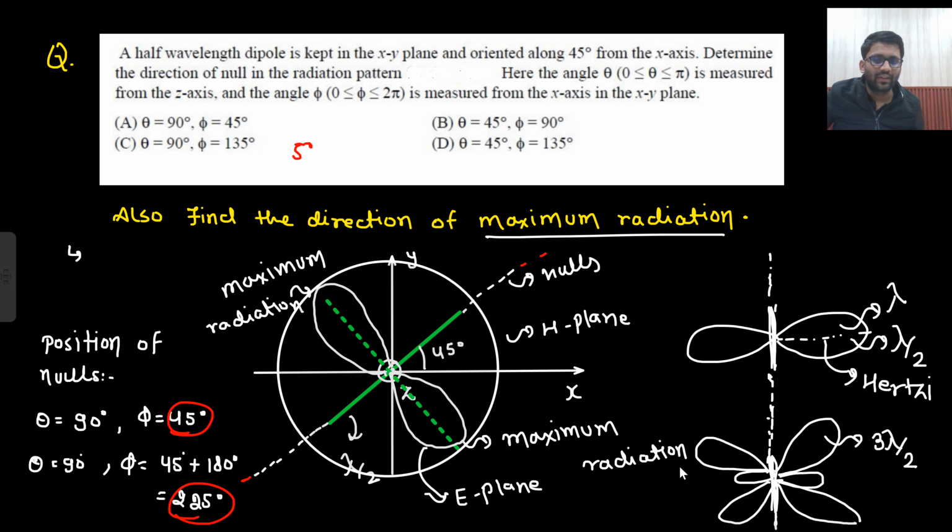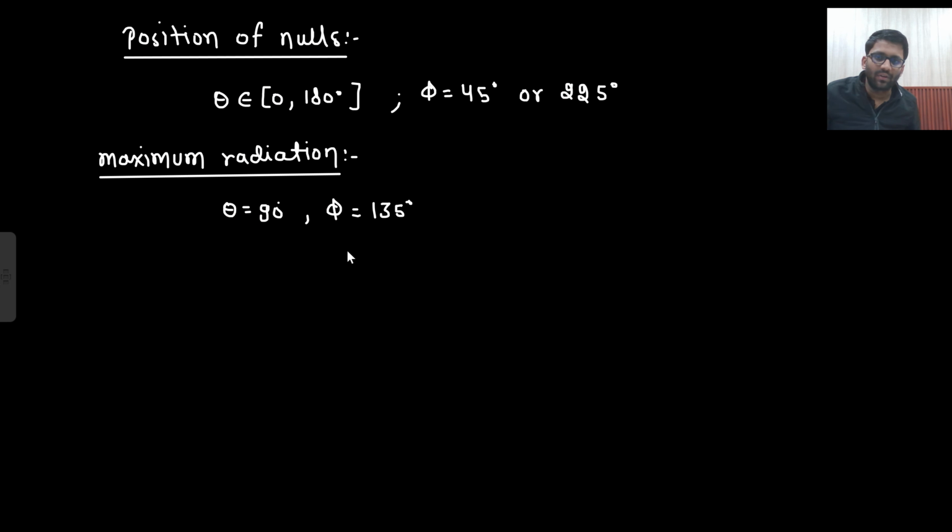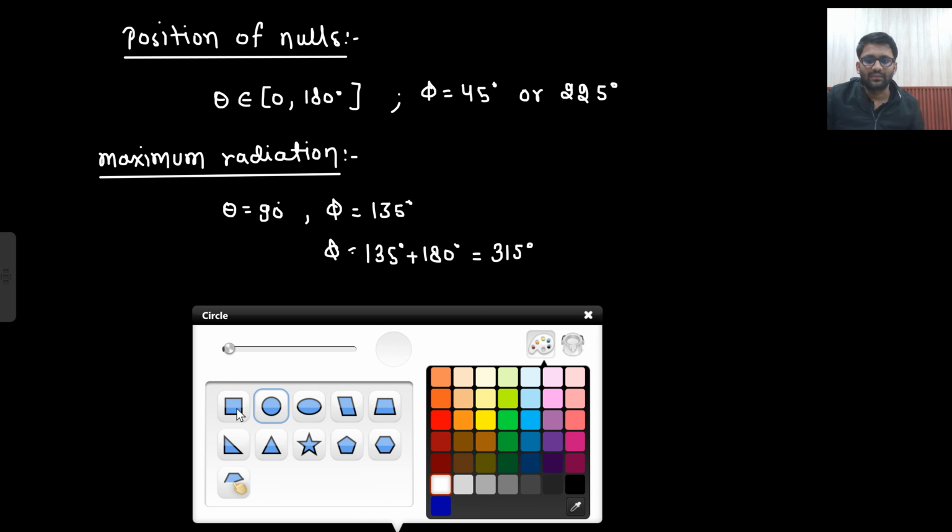So 90 plus 45 is 135, and then again adding 180 more. So 135 degree plus 180 degree, that would be 315 degree. Okay, so this is the answer for maximum radiation.